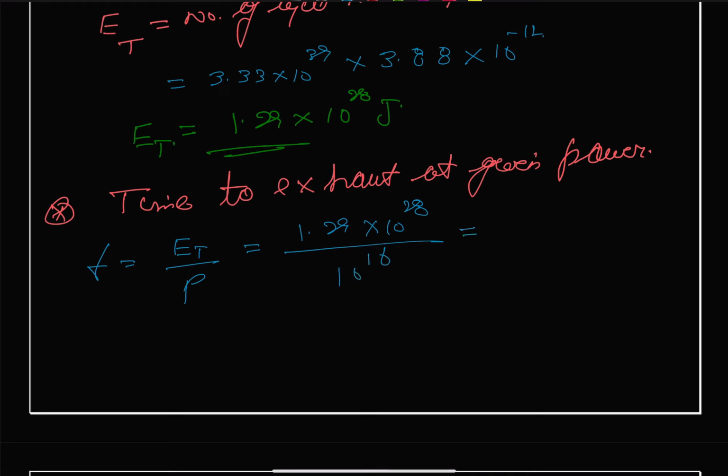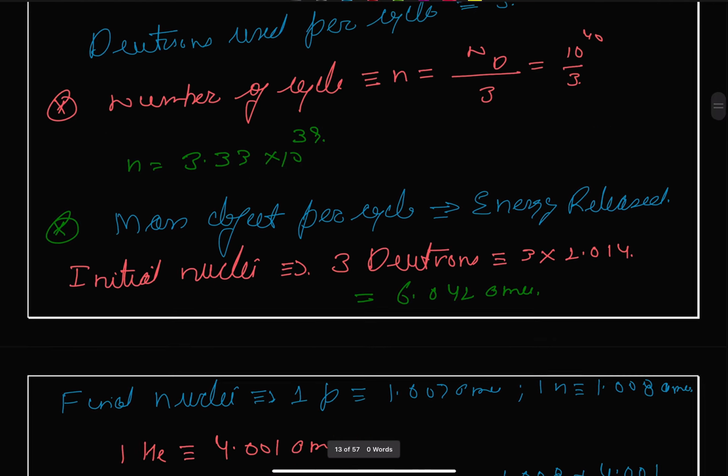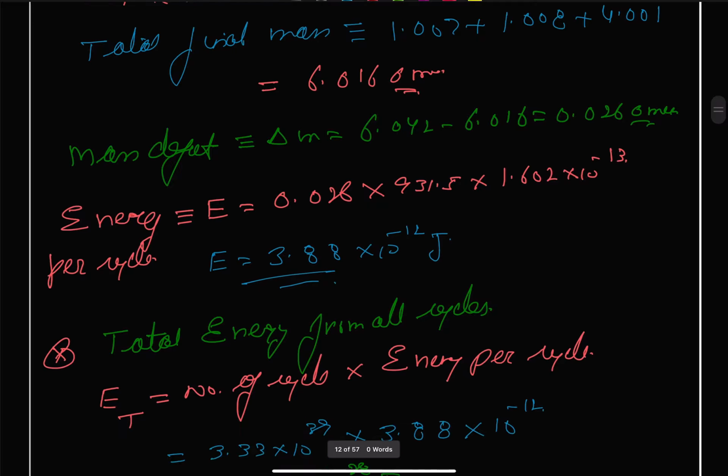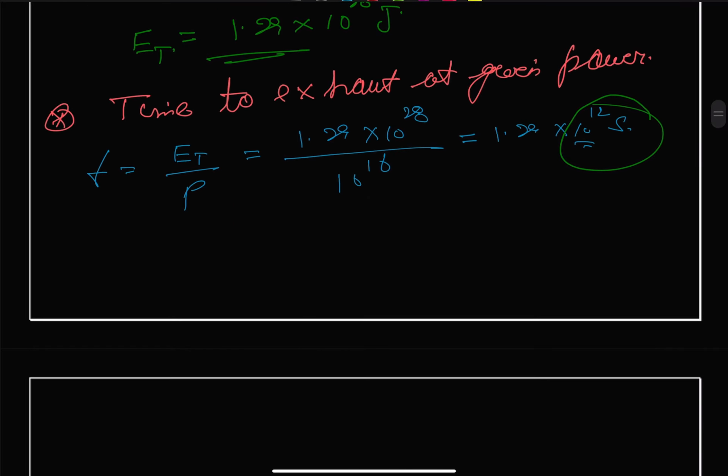So this comes as 1.29 into 10 raised to power 12 seconds, which is of the order of 10 raised to power 12 seconds. So option C is correct.